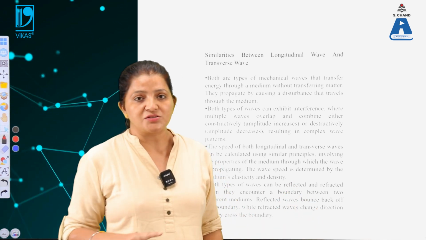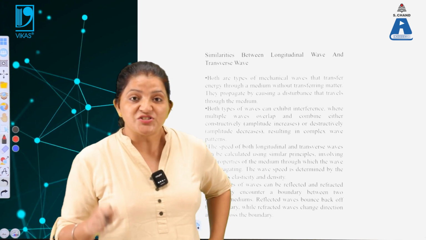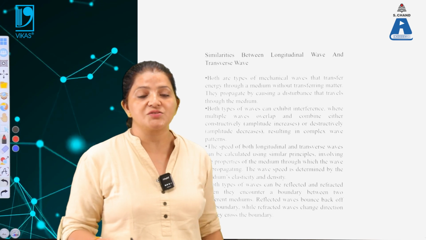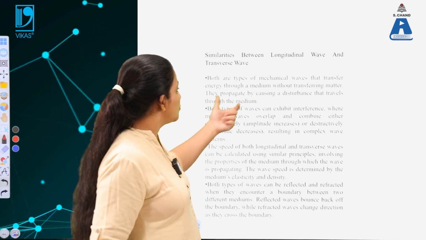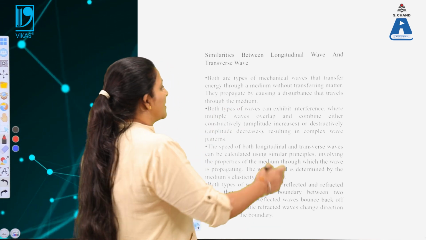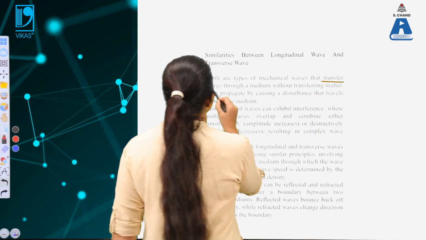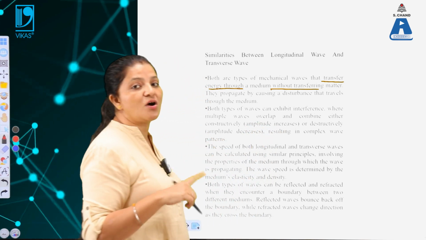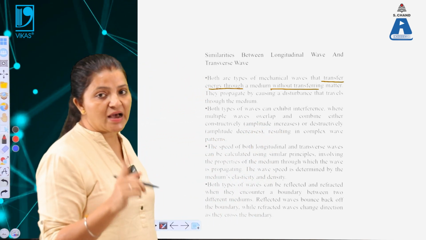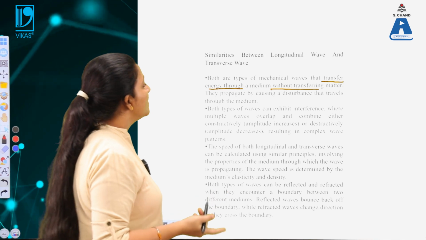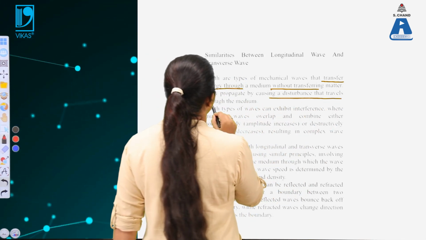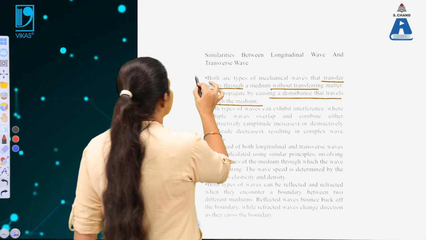While in the case of a transverse wave on a string, again an external force or jerk is applied so that the transverse waves can propagate. So these are mechanical waves, and they can transfer energy through a medium without transferring matter. Matter is not transferred in both cases, either the longitudinal wave or the transverse wave. They propagate by a disturbance that travels through the medium. So this is the first point.